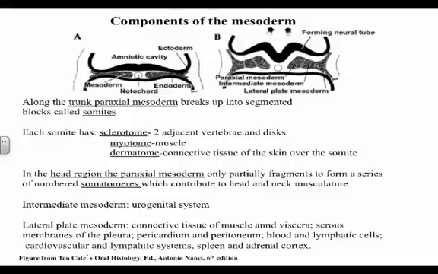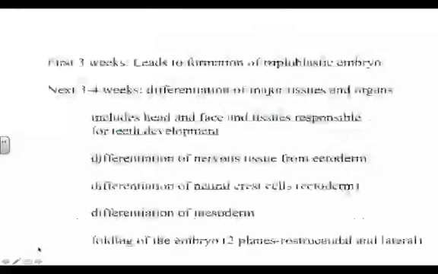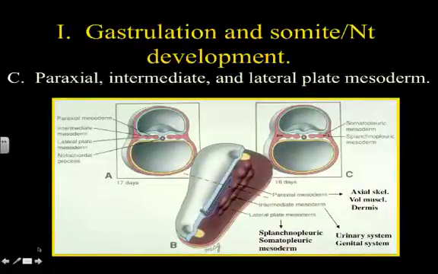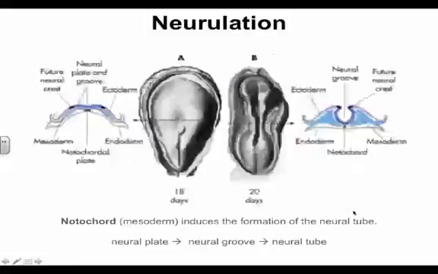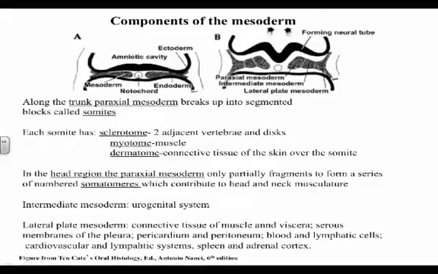Okay. The paraxial mesoderm that we'll show you, remember here, I'm coming back here, paraxial mesoderm. See that? Remember I said this, muscle and dermis? So the paraxial mesoderm breaks up into somites. Somites, you'll see on the embryo, are segmentations.